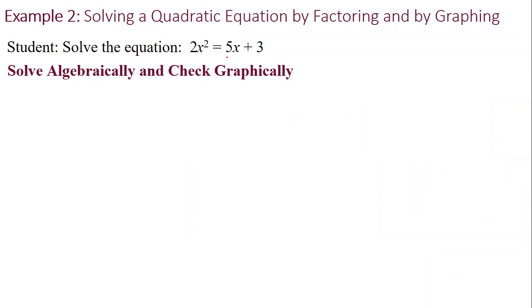You want to try to keep your A positive. So honestly, you want to subtract your 5x and your 3. So we want to solve 2x squared minus 5x minus 3 equals 0. Okay, so choose which way you want to factor algebraically and then check yourself graphically. Cool? Ready? All right, go.